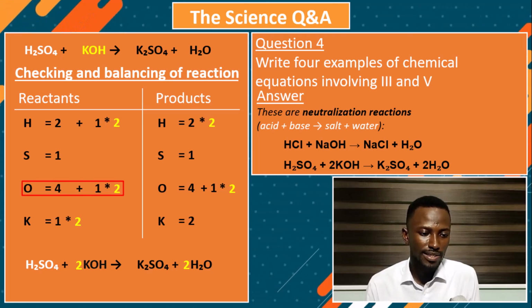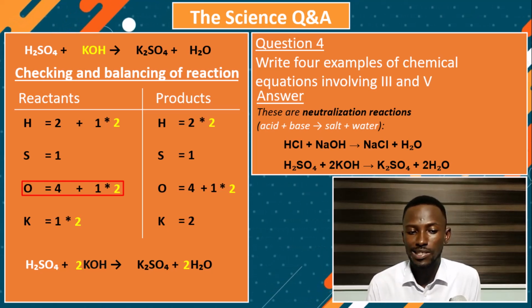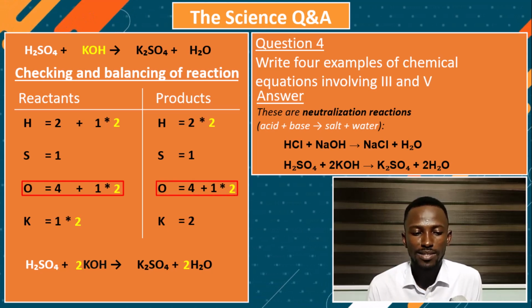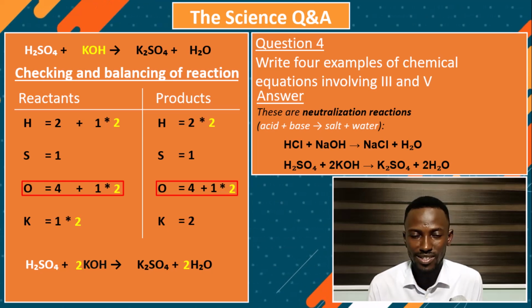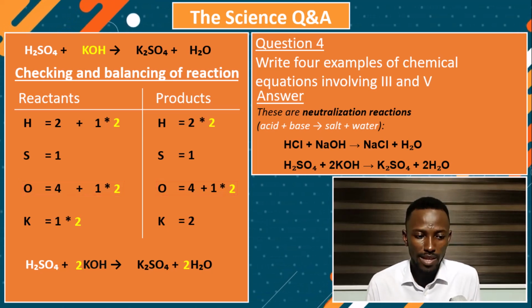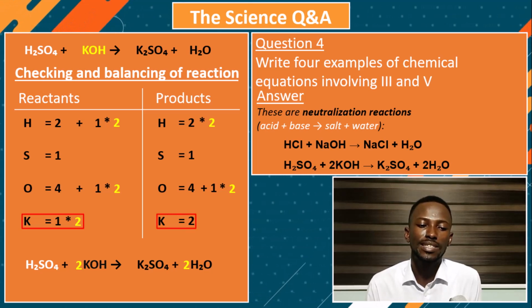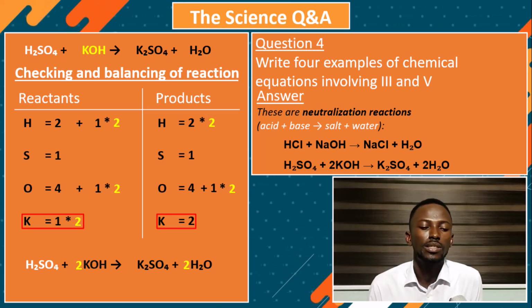For the reactant side, we have 1 times 2 is 2, plus the 4, that gives us 6. What about products? 4 plus 1 times 2 gives us 6. So oxygen is also balanced. And potassium is also balanced. 1 times 2 is 2 for the reactants, and for the product we have 2 potassiums.